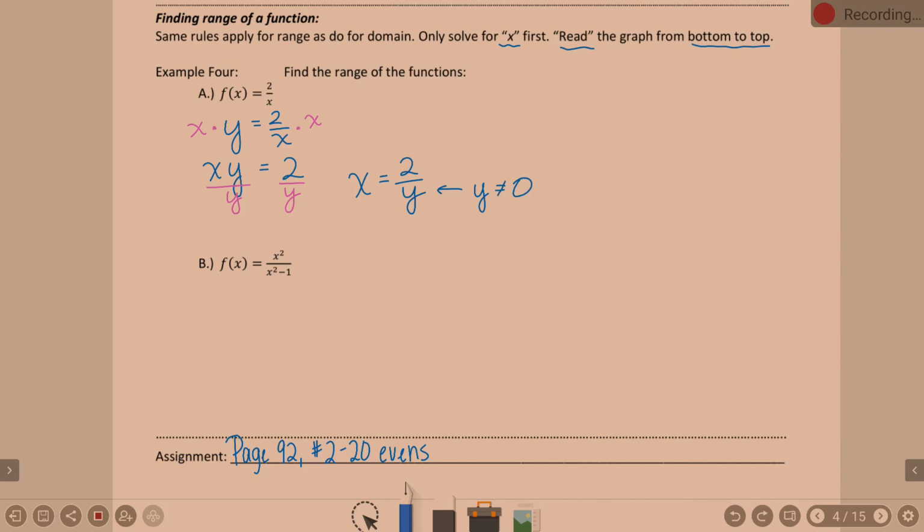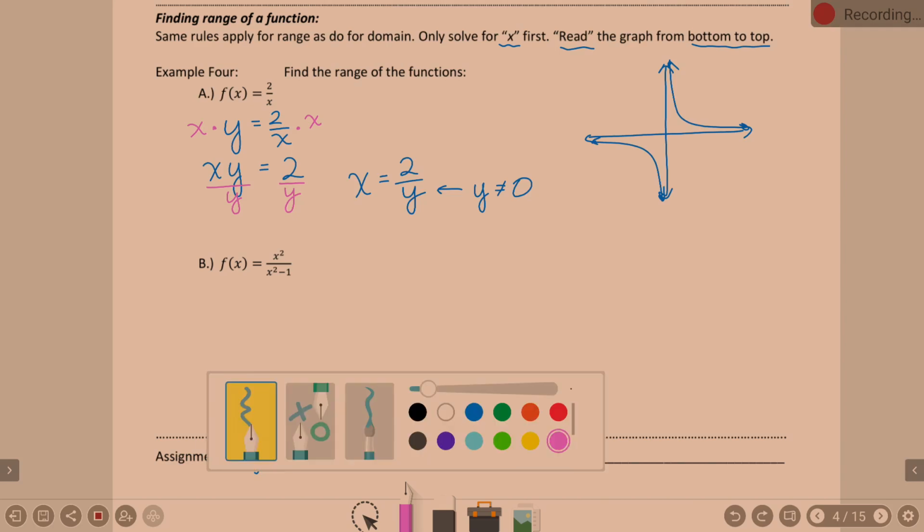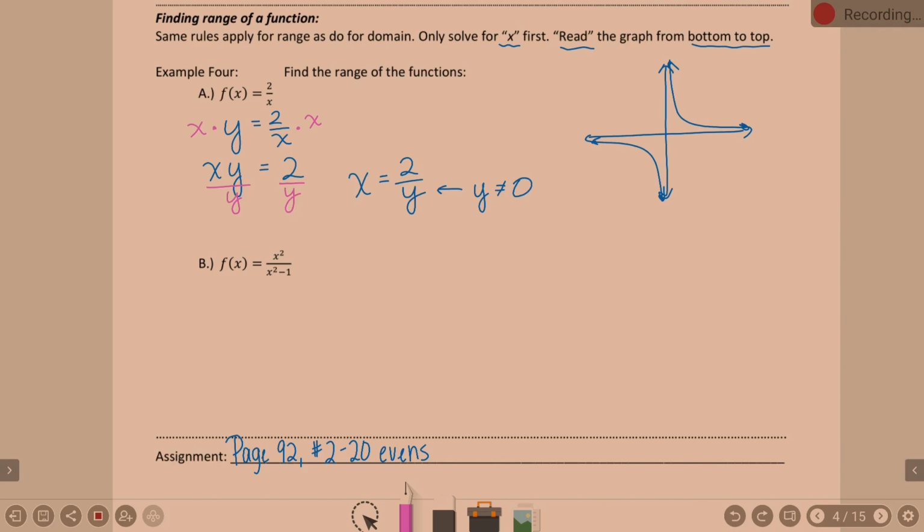Read this graph with me. Okay. Range. Get range in your brains. How low is my graph going? Negative infinity, yes?